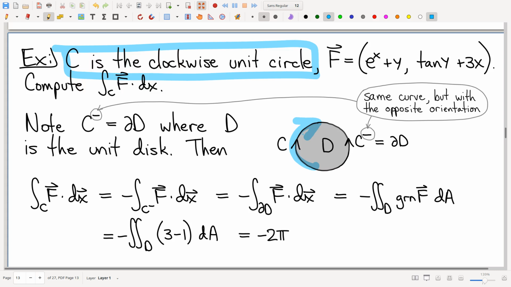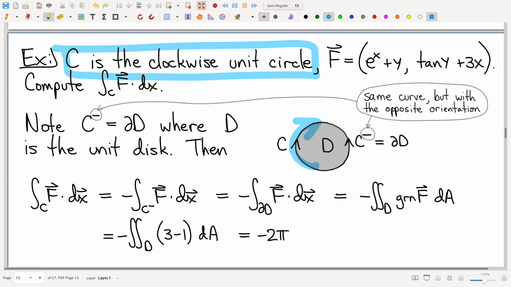Is this a boundary? No. Remember, boundary, loaded word. The orientation business with the word boundary is very, very important. This is oriented the wrong way. So, not a boundary. Can't use Green's theorem. Out of luck. Everybody see the bad news there?